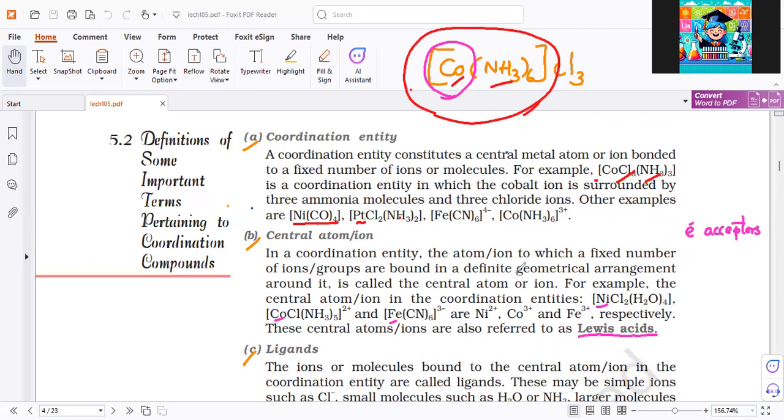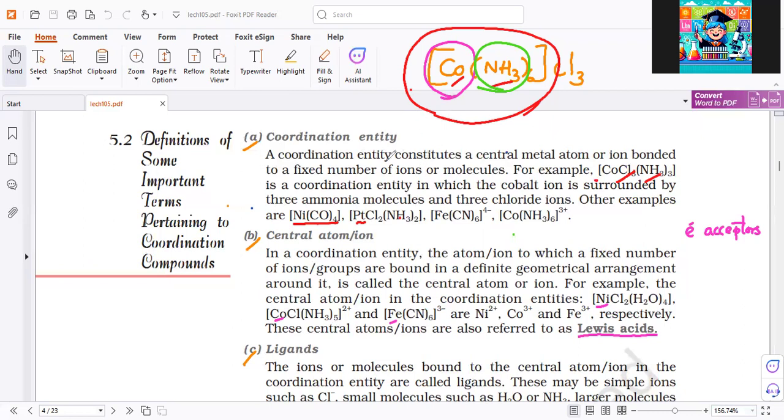Now coming to the third term, that is ligands. Ligands are molecules, ions or groups that are directly bound to the central metal ion. Here in this case, the 6 NH3 molecules are known as the ligands. So there are 6 ligands, one central atom, and central atom plus ligands will constitute the coordination entity.